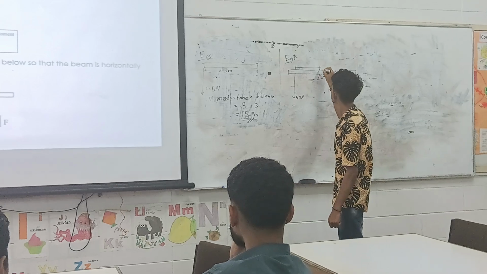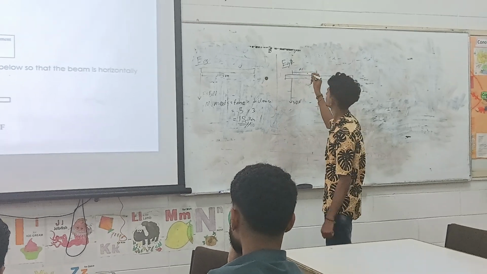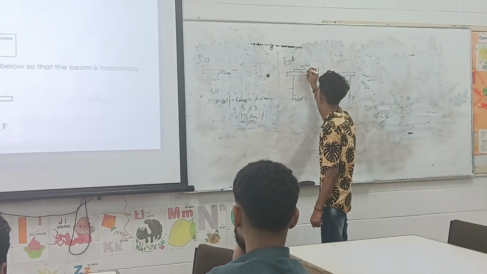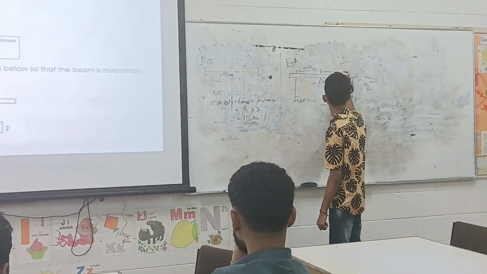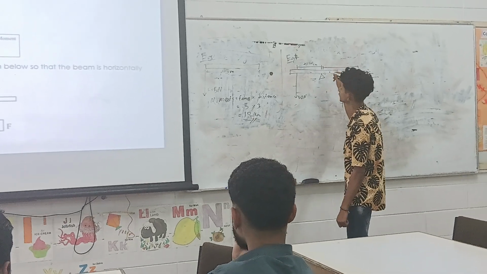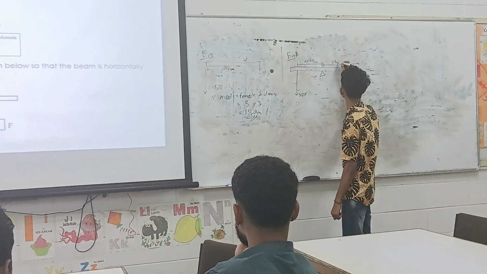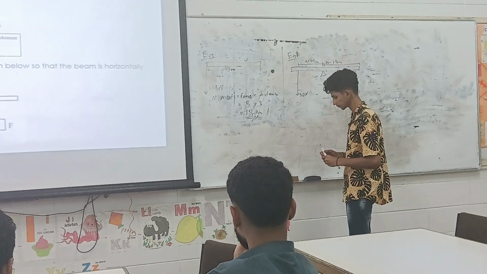For the first force, the distance from this point to this point D equals 20 centimeter. So we can name this one D1, 20 centimeter. And the force here, distance here is 15 centimeter. You can label this as D2 equals 15 centimeter.